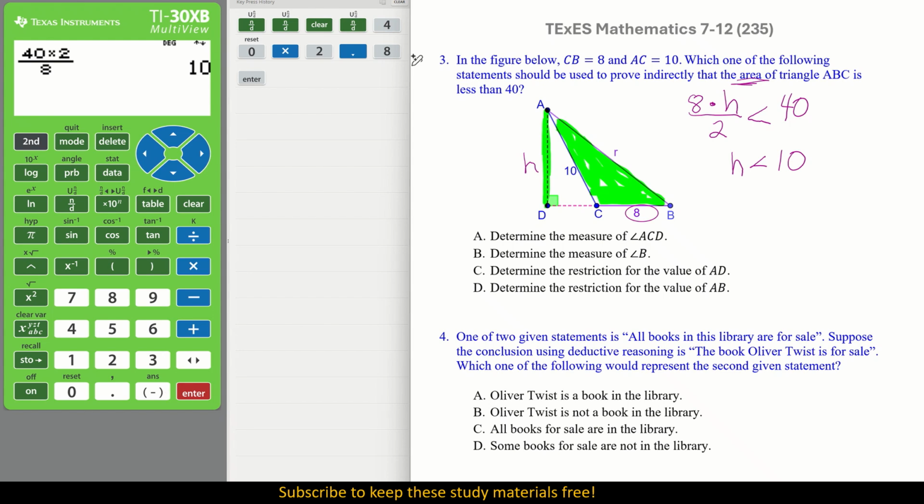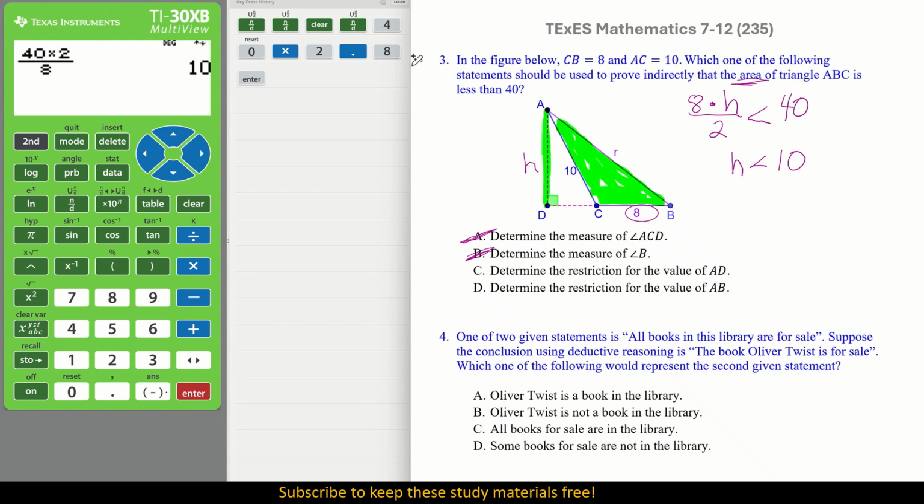So let's look at A, B, C, and D. A is about the measure of angle ACD, so that would be angle C. No, that's just talking about an angle. B, the measure of angle B. No. C, determine the restriction for the value of AD, which is our h that we've written up.